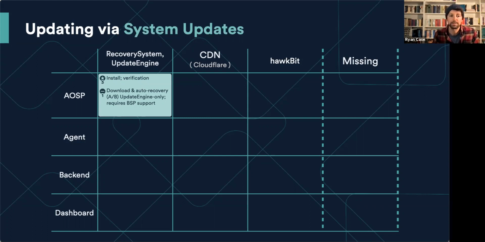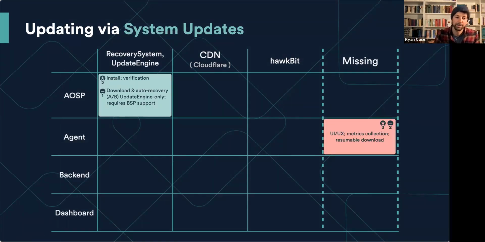This is if your BSP supports A/B updates, and that's really great if it does, because it means that you're able to have two different versions of the OS on the device at a time. So you'll have the one that's currently running, the new one that's downloaded, the device will reset, try to boot into the new one. If there's an issue, it'll fall back into the other slot that is a known good, and that's great. The last thing we want to do is brick devices, so that's definitely worth using if you have it available.